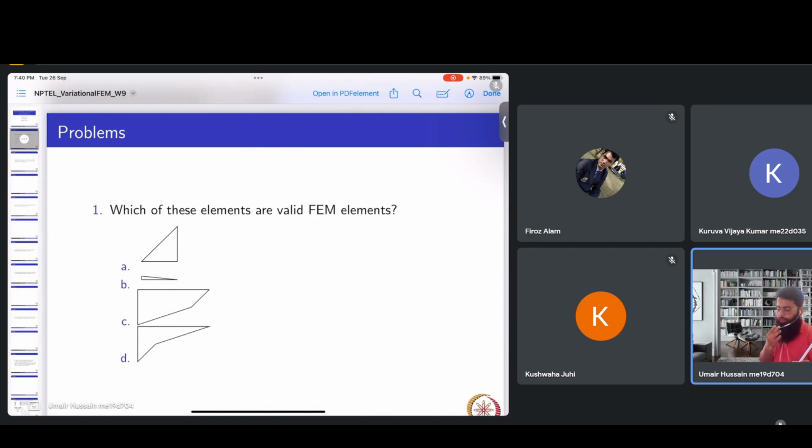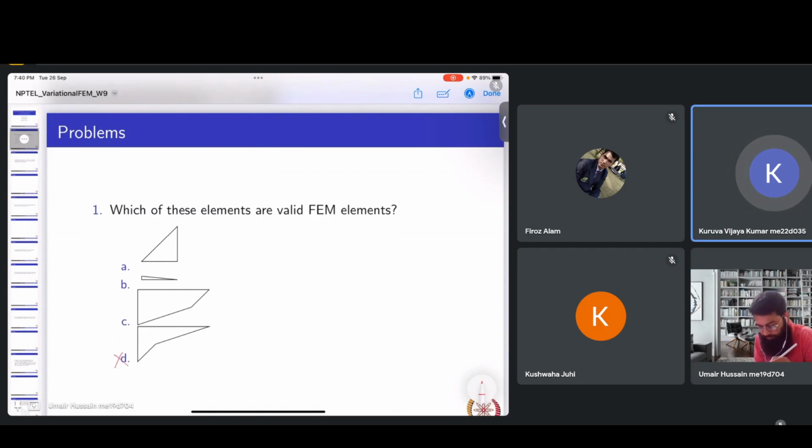Anyone any guesses? What about the first element? I think except D all are valid. Okay, so you say D is not valid. Why is it?